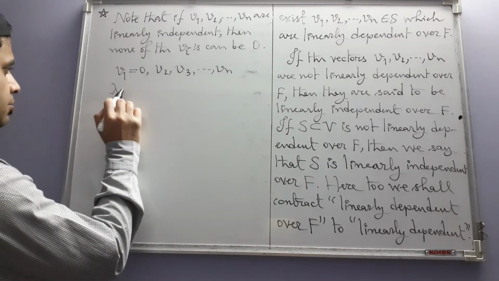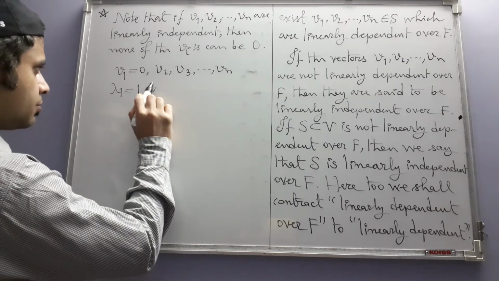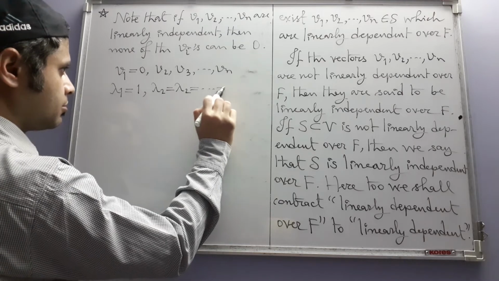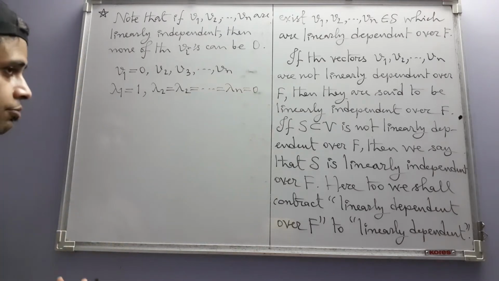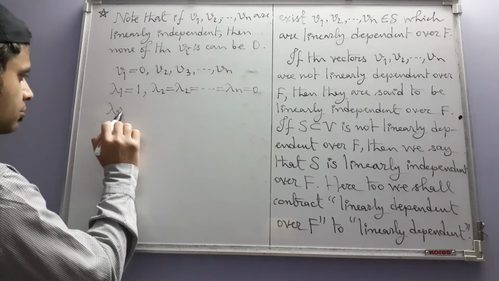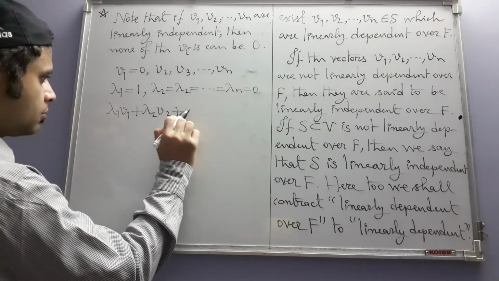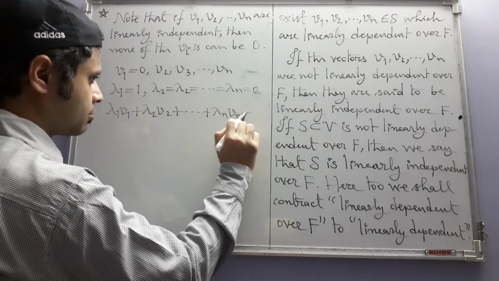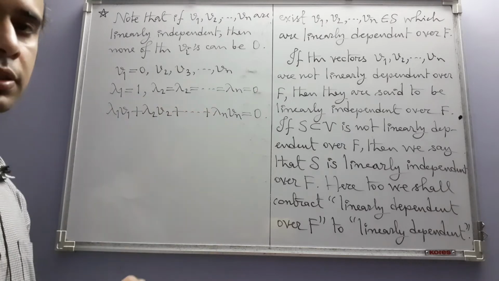That is, you take lambda1 equal to 1 and all the other scalars you take them 0. Then for such a choice of scalars, this linear combination is clearly the 0 vector, but at the same time all the scalars are not 0.